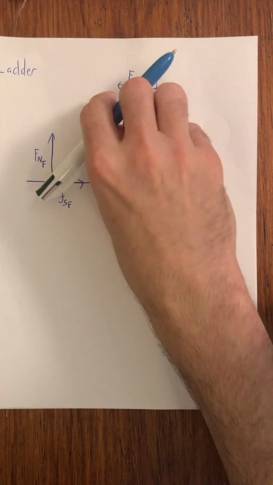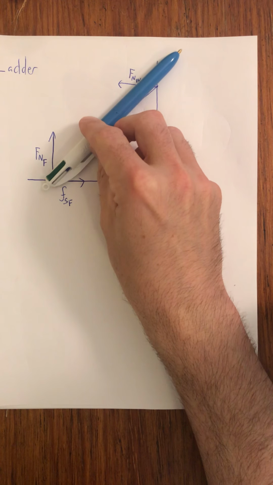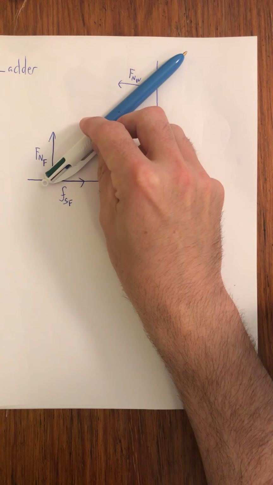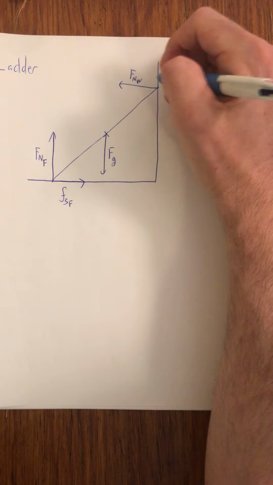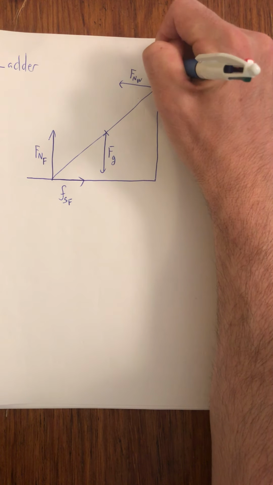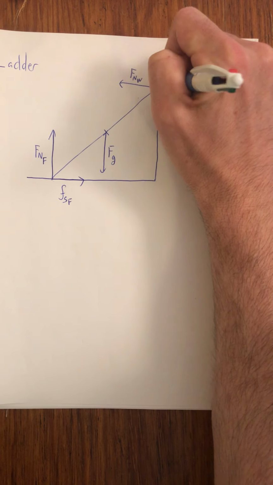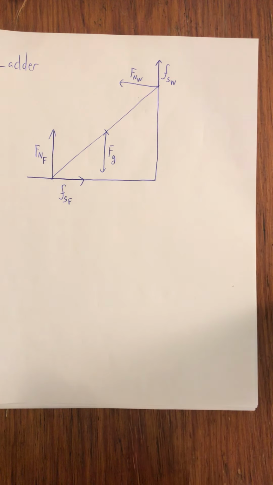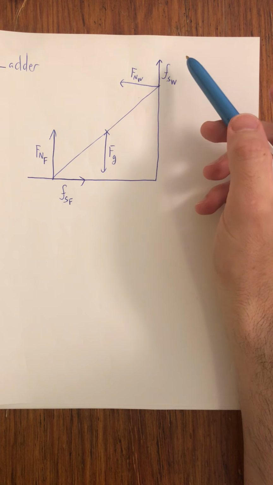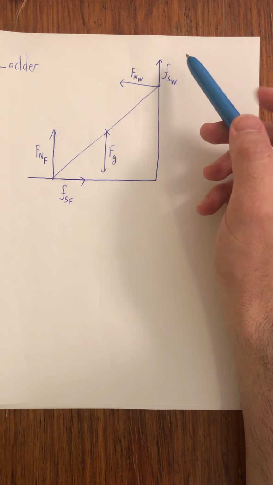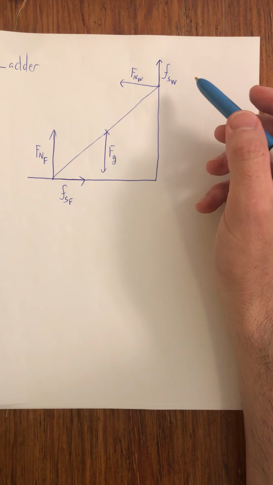But if you think about it, if that point is being held from translating to the left because of contact, there's also a static frictional force here on the wall. Now, in the first problem that you're going to do tonight, they're going to tell you that the wall's frictionless. That's going to make this problem easier. Not in the second problem, which is why it's a more difficult problem.